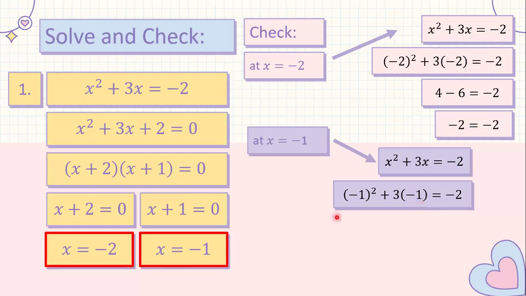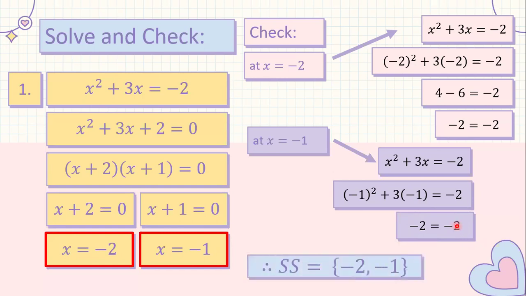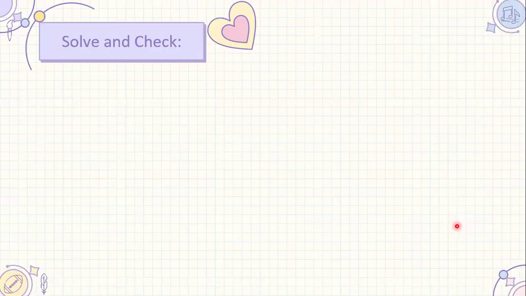So 1 minus 3 is negative 2, which is equal to negative 2. If the left and the right side of the equation are the same, that means it is a solution. So therefore, the solution set is negative 2 and negative 1.